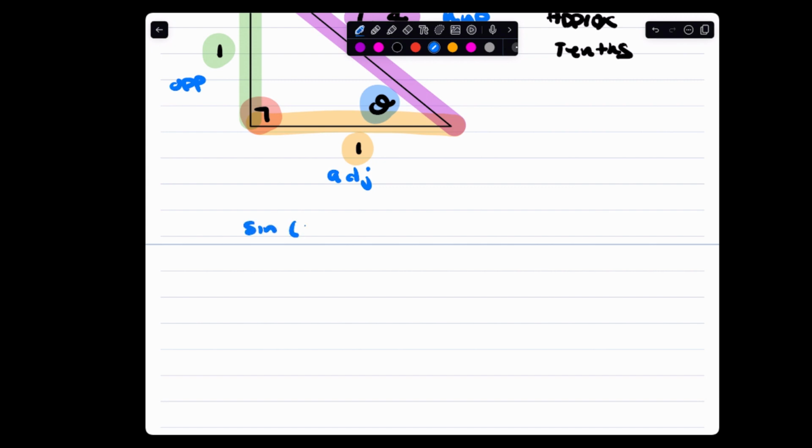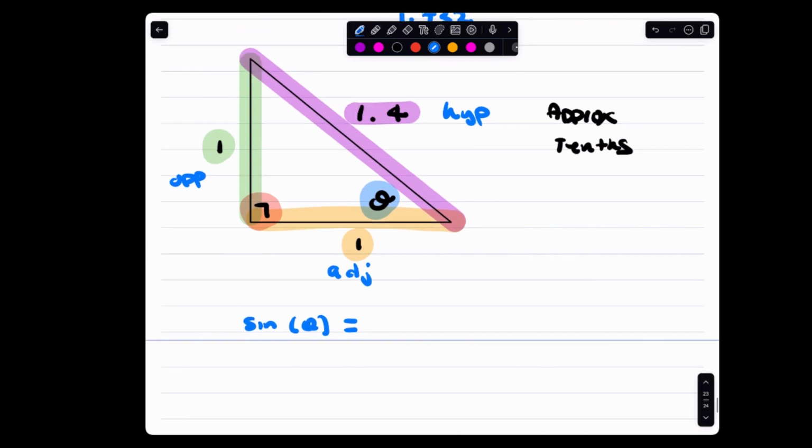If I said to you, sine of the angle theta becomes what? What's opposite? 1. Good. What's the hypotenuse? 1.4. Good. What do we approximate to here? The tenths. So 1 over 1.4.